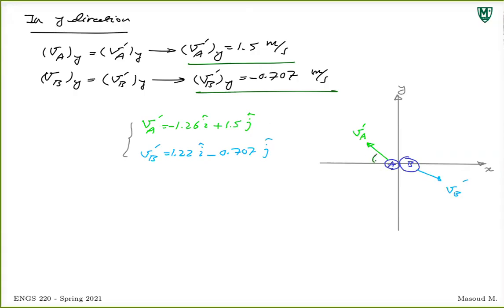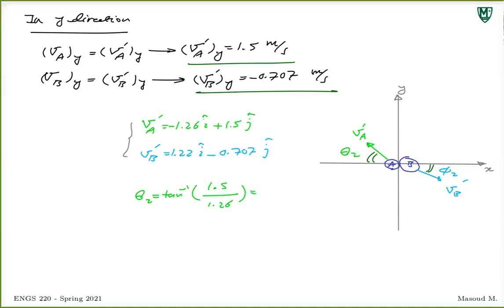This angle here you can find. This angle here you can also find. This is a vector, so tan inverse of the Y component. Actually, I can even give you those numbers. I think I did calculate those. If we call this theta 2, and this phi 2, you can find theta 2 as tan inverse 1.5 over 1.26. I just put the positive because I know where that angle is.